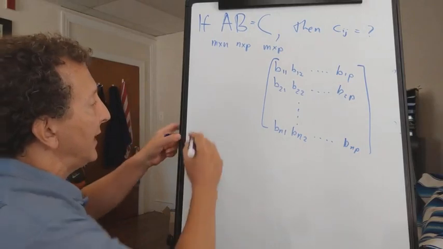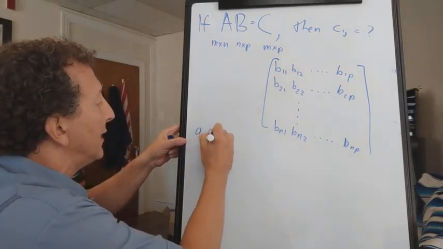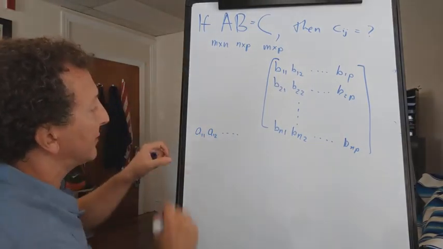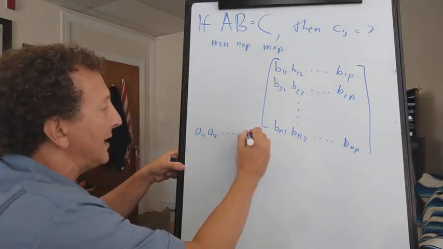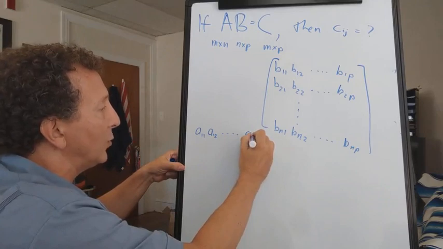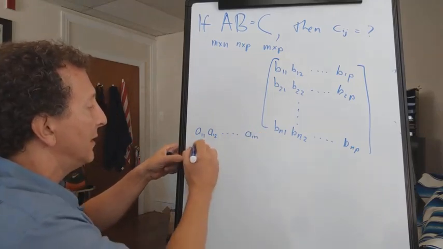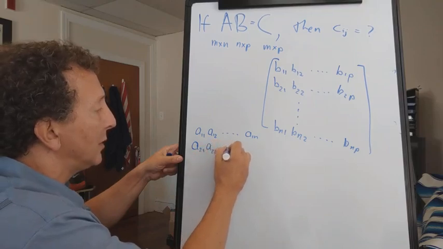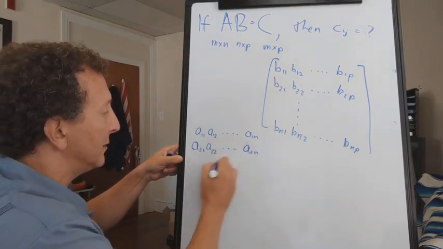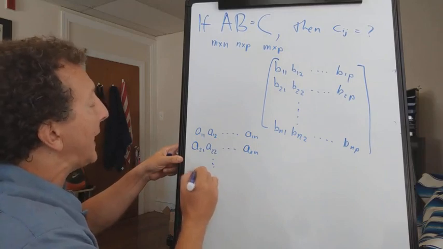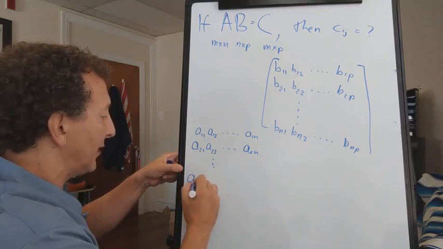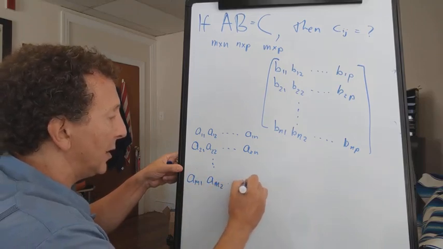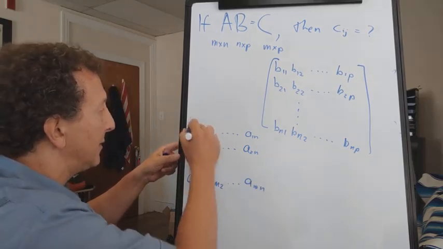And then the entries of A are A11, A12. If A is an m by n matrix, then there are n entries in the first row, so A1n is the last one. Then in the second row we've got A21, A22, up to A2n, and it's an m by n matrix, so the last row is Am1, Am2, up to Amn.